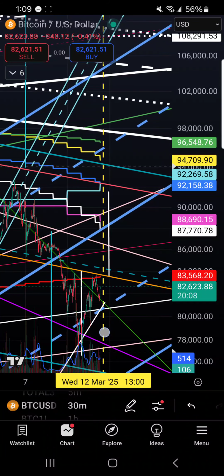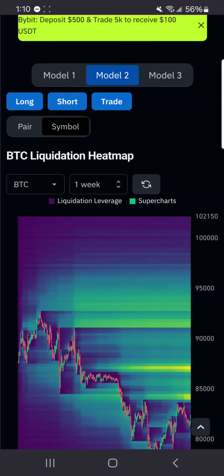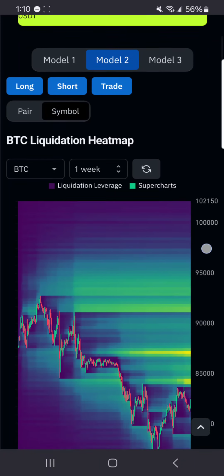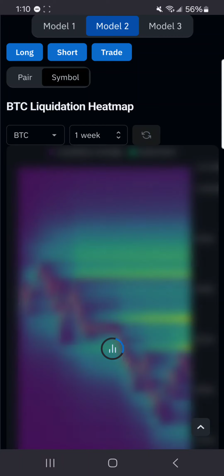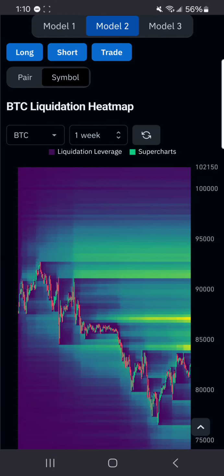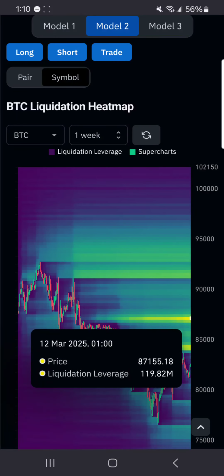So that's that. But I want to show you, 92,000 is important because why? Looking at the CoinGlass liquidation heat map, 1 week. Let's refresh this. You can see the liquidity up here. You got this here, around 84,000. You got this here, around 87,000.